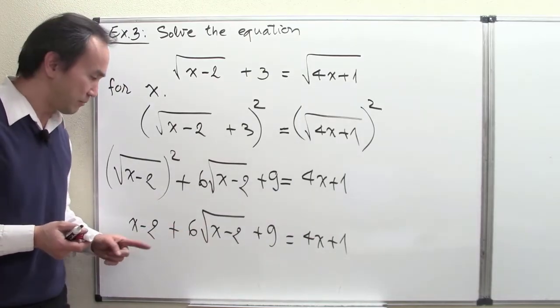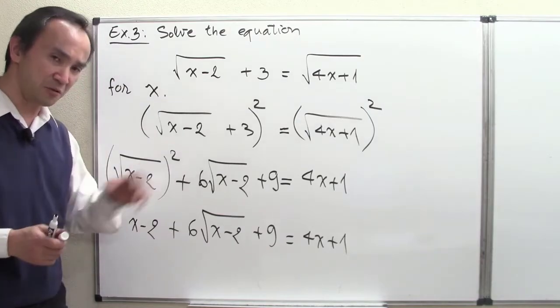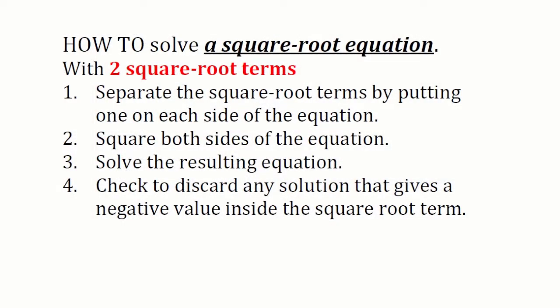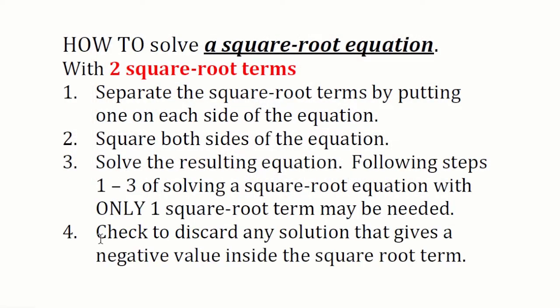So I'm going to go ahead and follow that same instruction. I'm going to emphasize that in step 3, when we are solving the resulting equation, following steps 1 to 3, when we solve a square root equation with only one square root term may be needed. And that's exactly what I was saying earlier on the board.